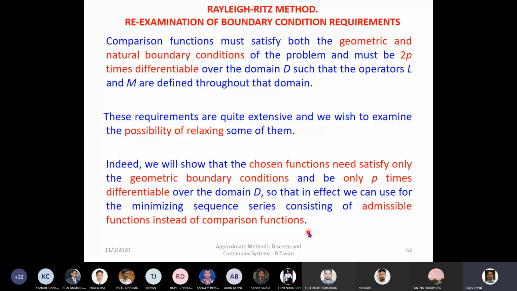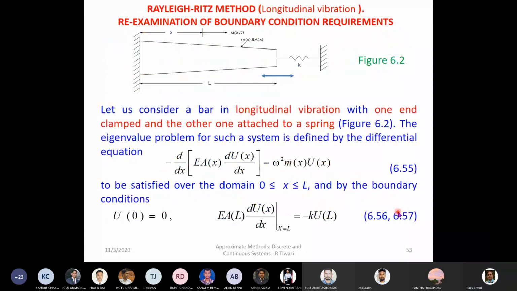But the Rayleigh's quotient, as we defined earlier, needs to be modified with this relaxation, so that our functions do not vanish in the Rayleigh's quotient. This is one typical case: a tapered rod vibrating axially, with a spring at the free end.